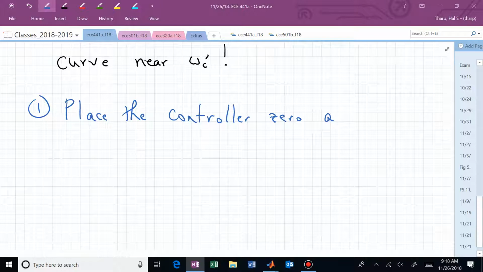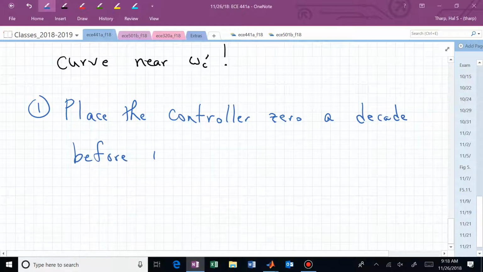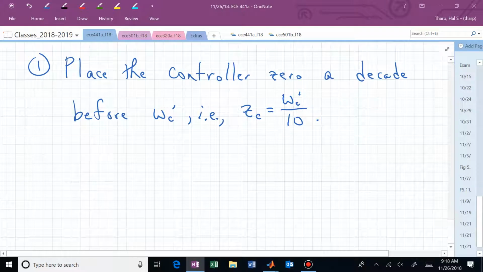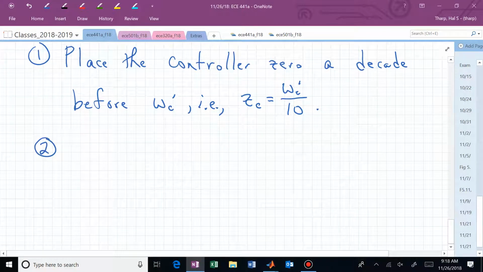So we're going to place the controller 0 a decade, a factor of 10 before omega sub C prime. That is, we're going to let Z sub C be omega sub C prime over 10.